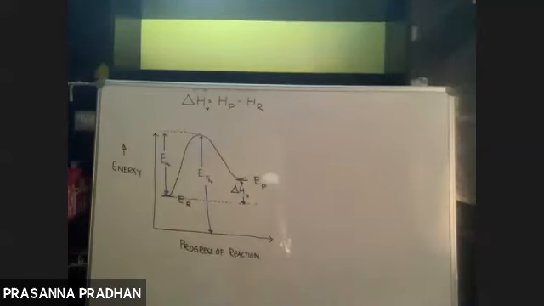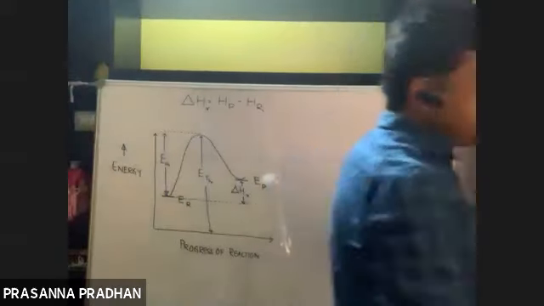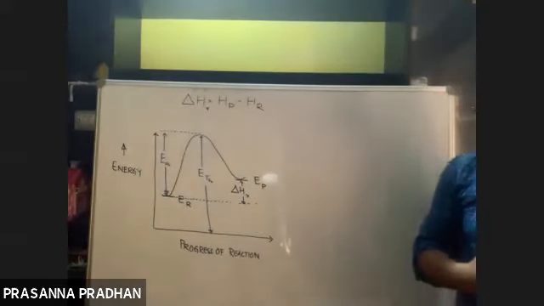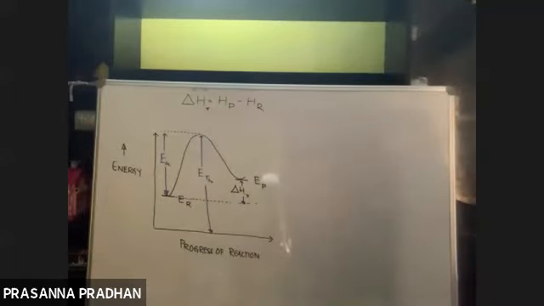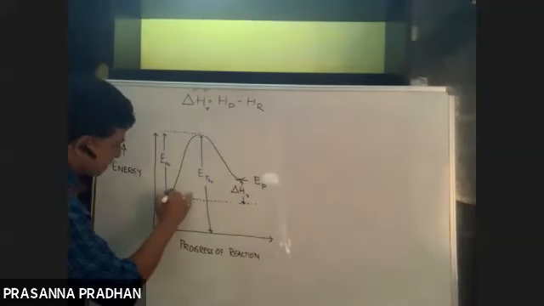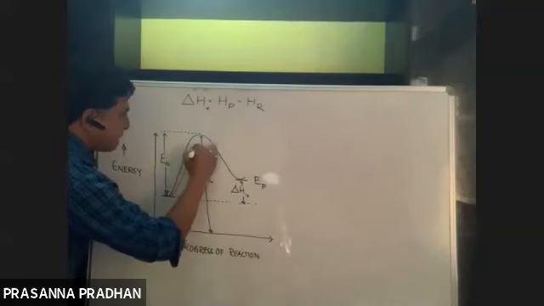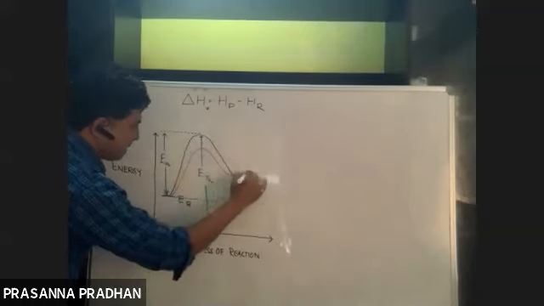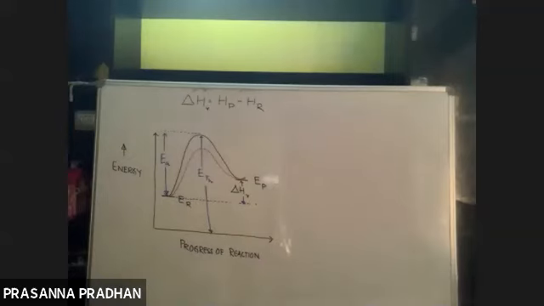This was discussed in the earlier classes. Now we are discussing the effect of a catalyst. How does a positive catalyst increase the rate of a reaction? A very famous question at board level. In the presence of a catalyst, it provides an alternative pathway having lower activation energy.